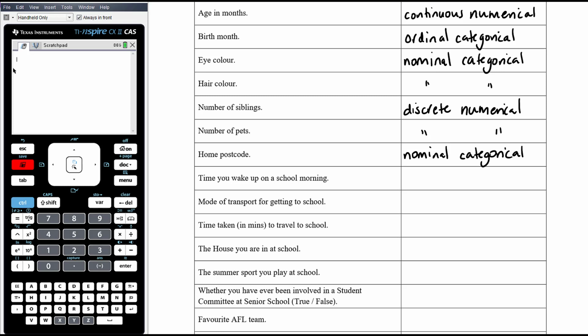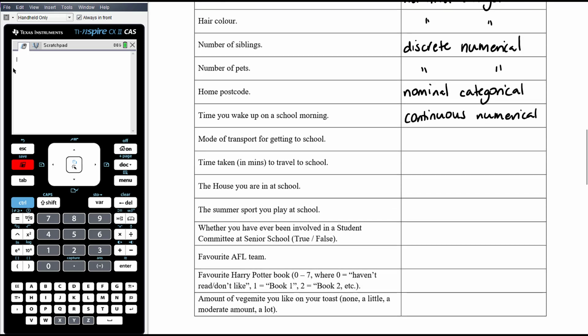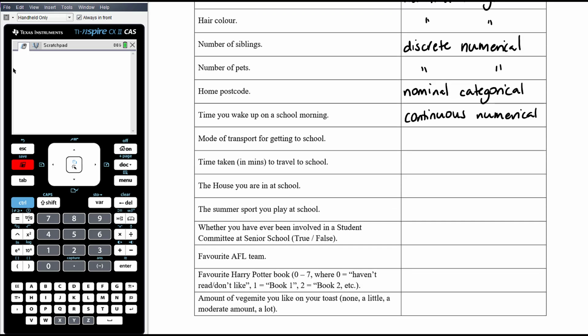The time you wake up on a school morning, that's time, so I'm going to go with continuous numerical. Mode of transport for getting to school, so bus, train, walk, cycle, whatever it might be. They're definitely categories, no implied order in those, so nominal, categorical.